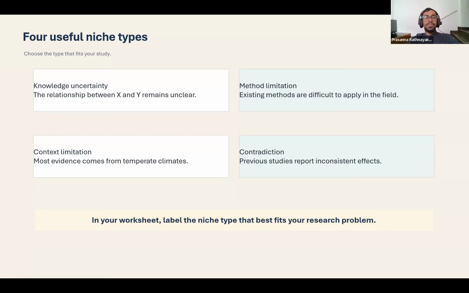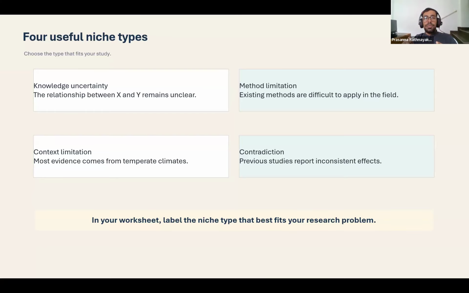Take time and think and identify what is your niche type. Is it knowledge uncertainty? Is it method limitation? Is it context limitation? Or is it contradiction in studies happened so far? So note it down there in your worksheet. Once you're done, give me a thumbs up so that we can move on.